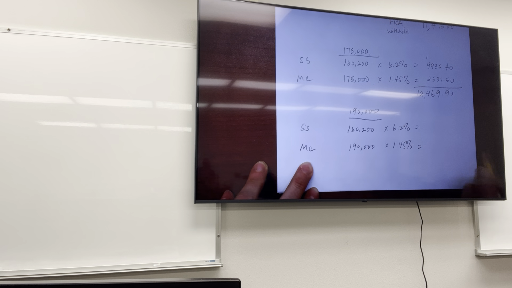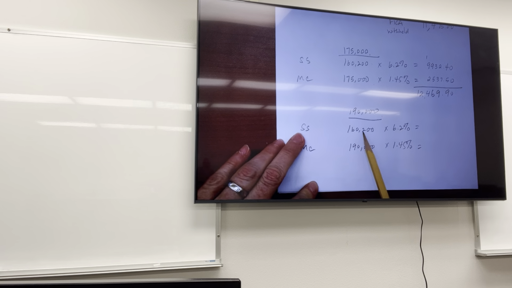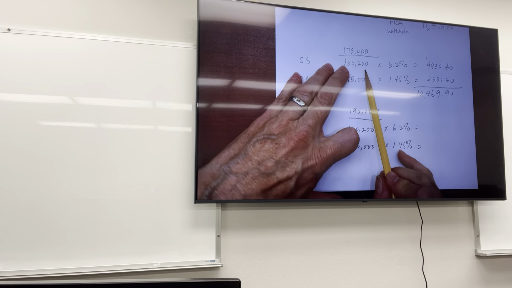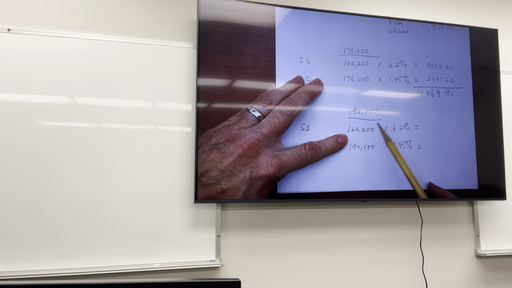So you'll see this individual who made 190,000 is going to pay the same amount of Social Security tax over the year as the individual who made $175,000, because that wage base is the same.